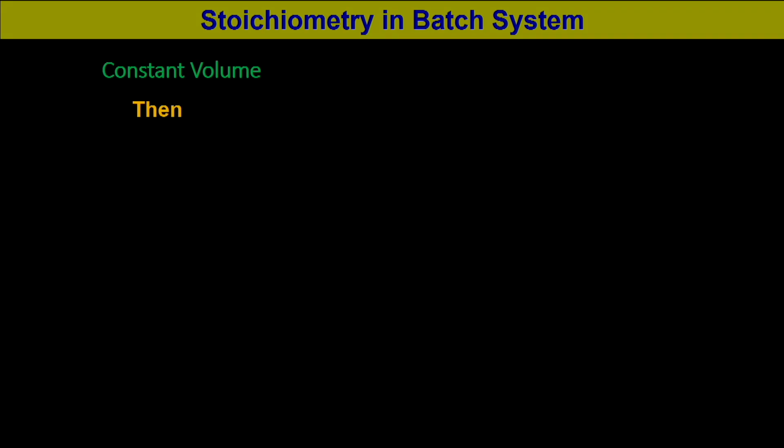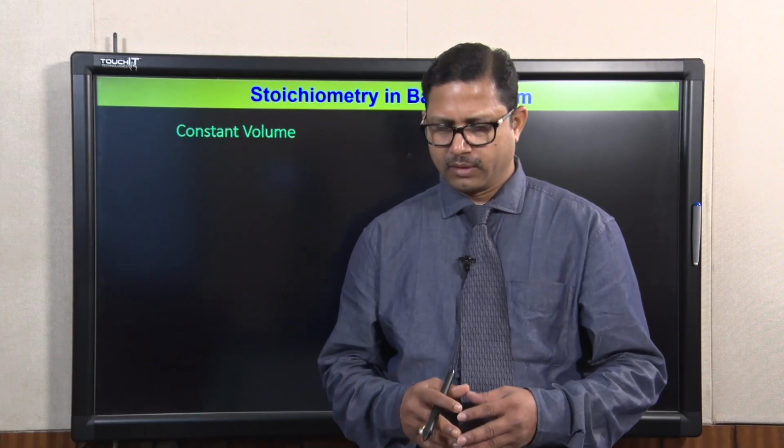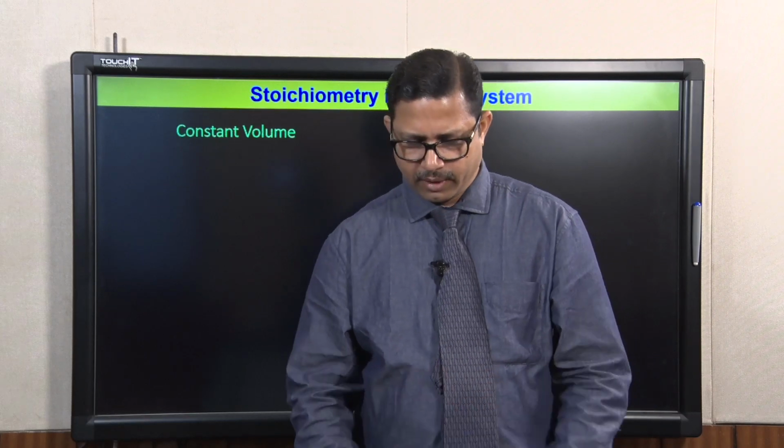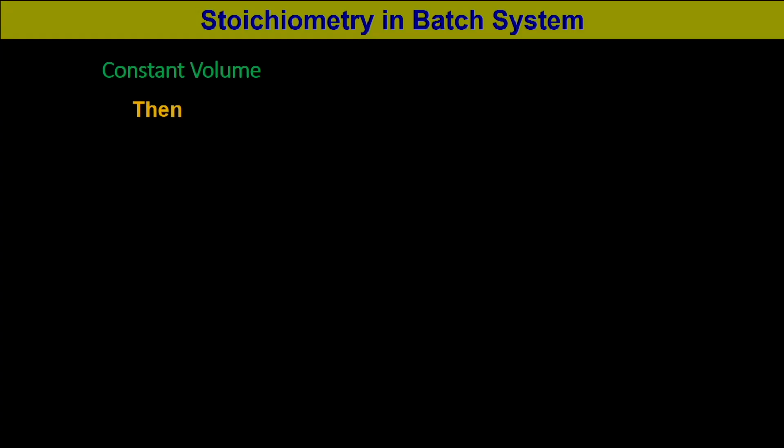Now, if we consider a constant volume batch reactor system, then our V would be V naught, the initial volume, as there is no change of the volume of the reactants or the system. So, we can write Na as Na naught divided by V, and V we can substitute with V naught.